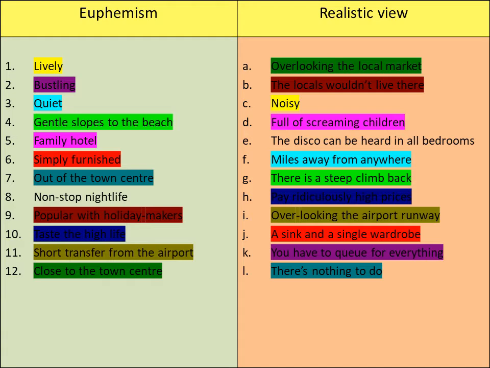Out of the town centre, nothing to do. Non-stop nightlife, the disco can be heard in all bedrooms. Popular with holidaymakers, the locals wouldn't live there. Taste the high life, pay ridiculously high prices. Short transfer from the airport, overlooking the airport runway, and close to the town centre, overlooking the local market.